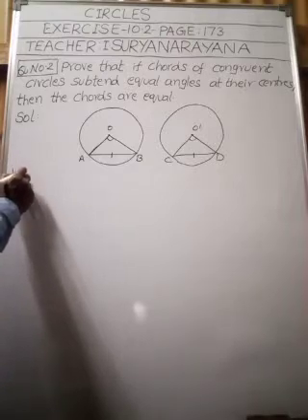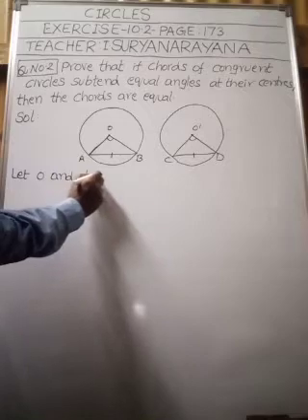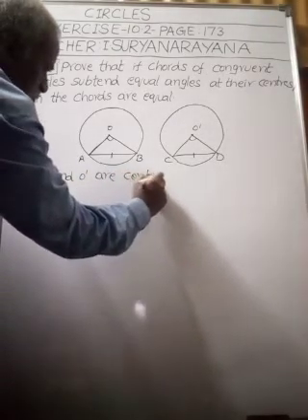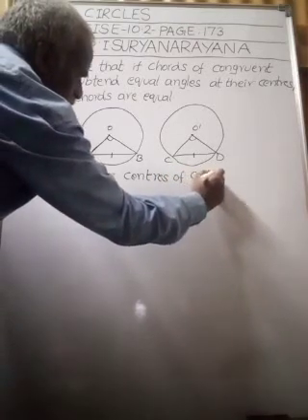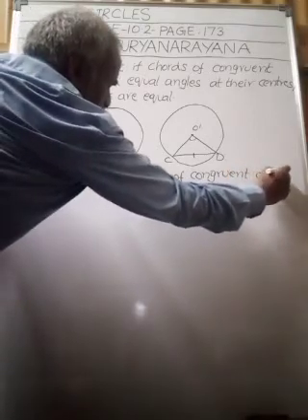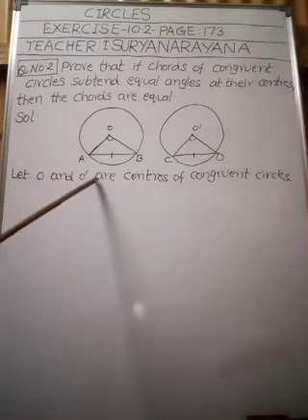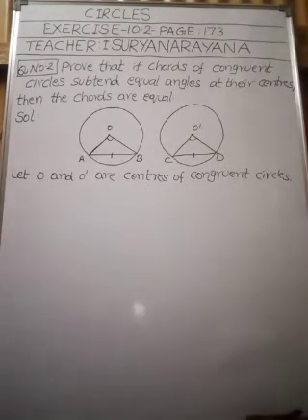Let O and O dash be centers of congruent circles.